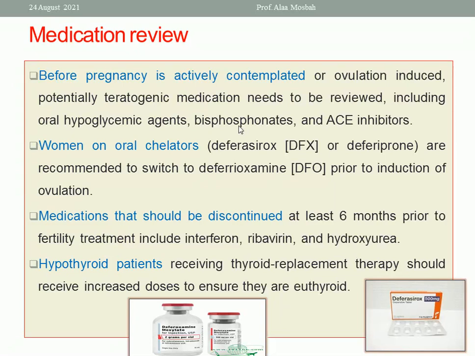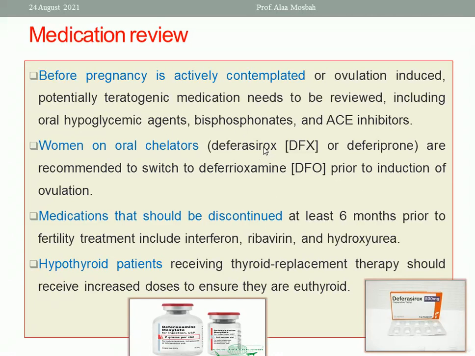You should ask the patient to avoid them if she is planning for pregnancy: hypoglycemic agents, bisphosphonates, which are used in osteoporosis, and ACE inhibitors, used in hypertension. Women on oral chelators like deferasirox, DFX, are recommended to switch to deferoxamine, DFO.